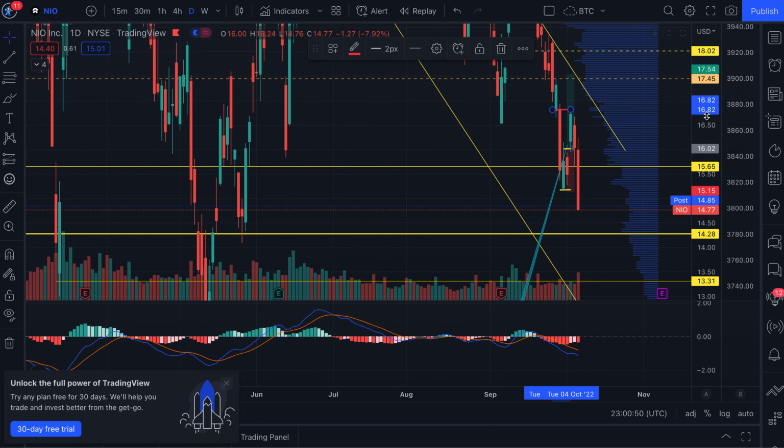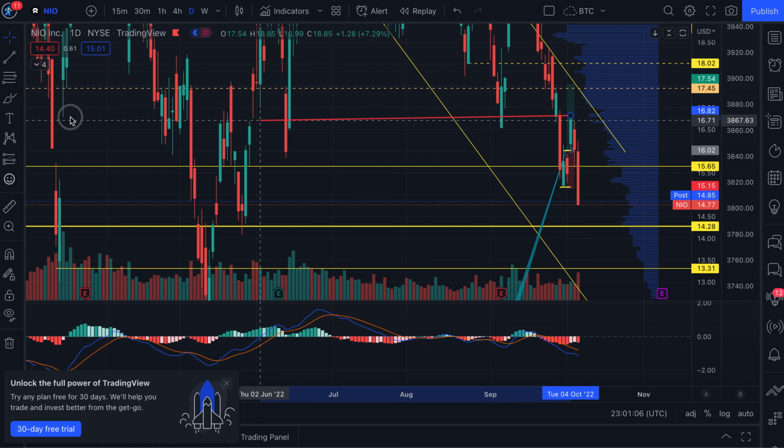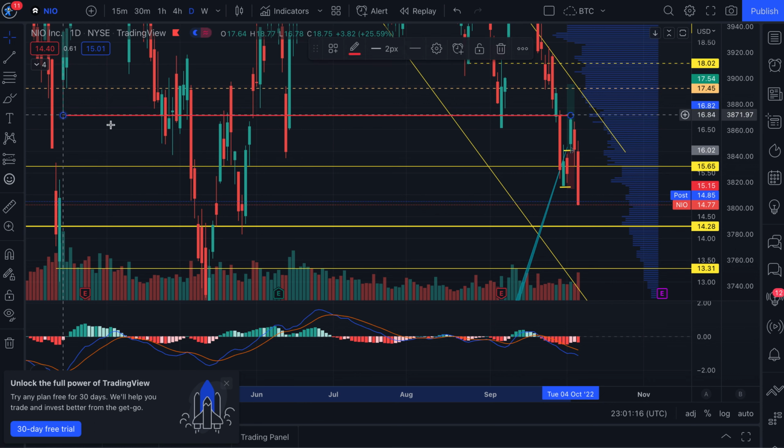And this, of course, is where, as with most things, you don't want to go overboard with too many lines. So let's extend this and see if I can see a point over here, 16.82, 16.80, 81, 82, right there.